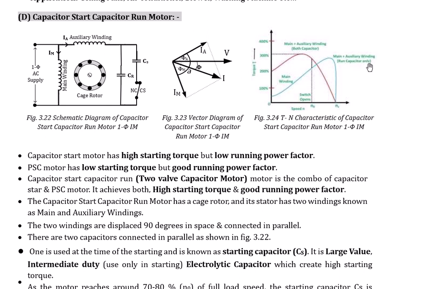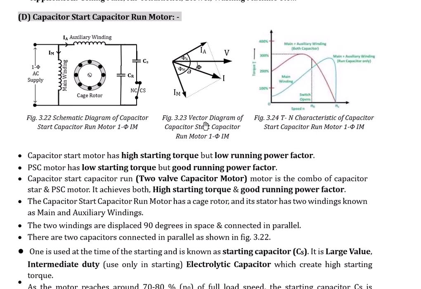You can see that with the main and auxiliary winding and a run capacitor only, we have these characteristics, meaning a high starting torque, but our maximum torque is shifted. But when both capacitors are present, we get a very high starting torque, 200% torque, meaning twice the normal, and we get the maximum torque at very low speed. Okay, so this is the difference.